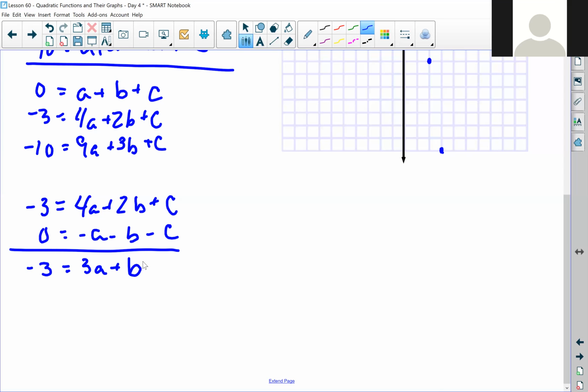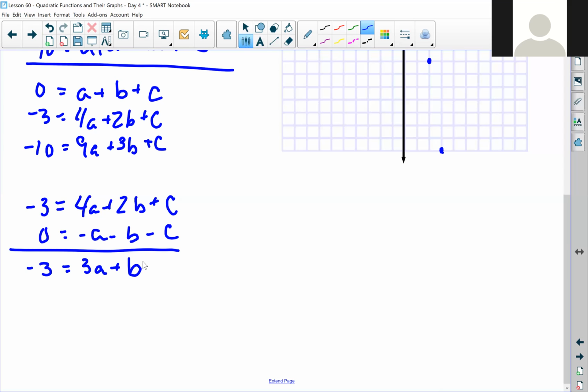Then I can choose any other 2. I chose 1 and 2, but you could choose 1 and 3 or 2 and 3 and do the same thing. I'm going to choose 2 and 3.